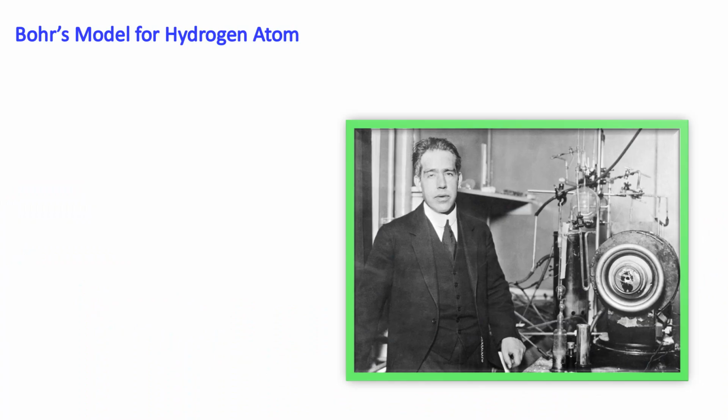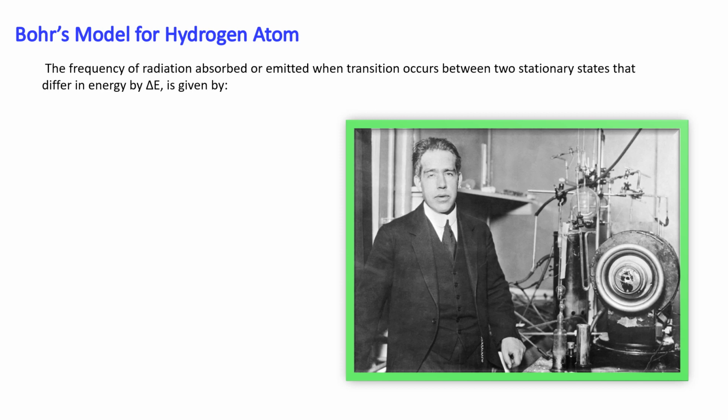Bohr also proposed the calculation of the frequency of radiation when an atom absorbs or emits radiation, and the formula is delta E is equal to h nu. Delta E is equal to E2 minus E1, where E1 is the energy in the initial state and E2 is the energy in the final state.